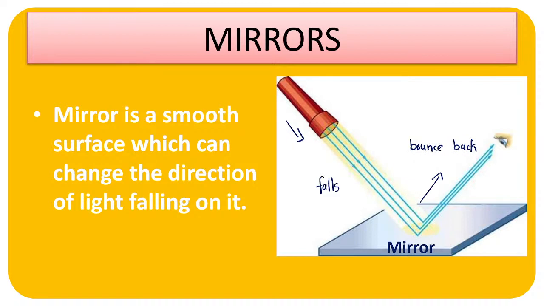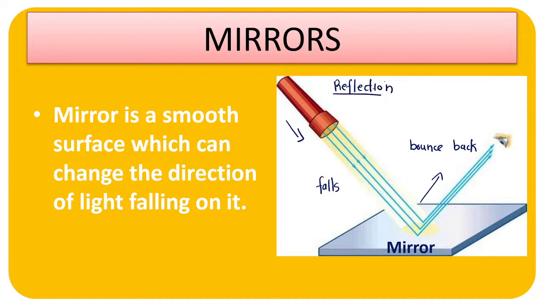It comes back from the mirror. After falling onto the mirror, it bounces off from that surface. This bouncing back property of light is known as reflection.